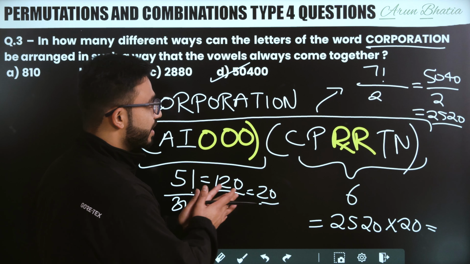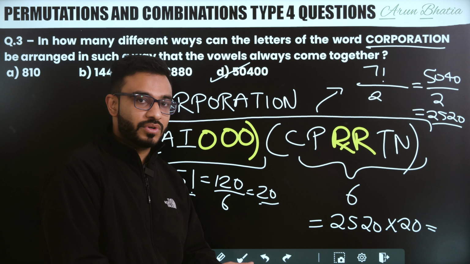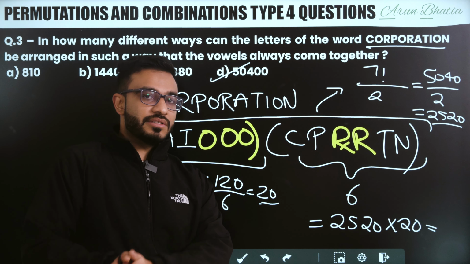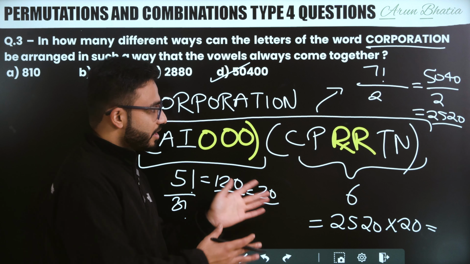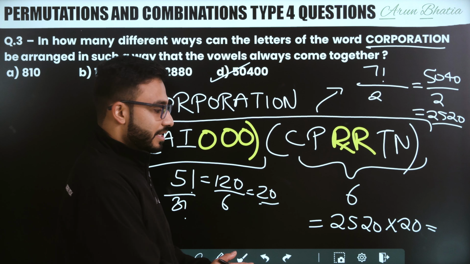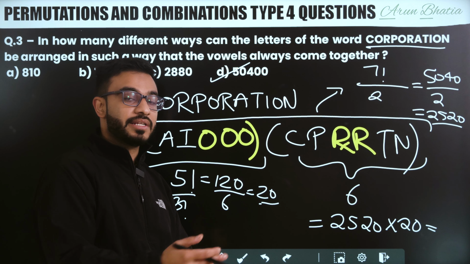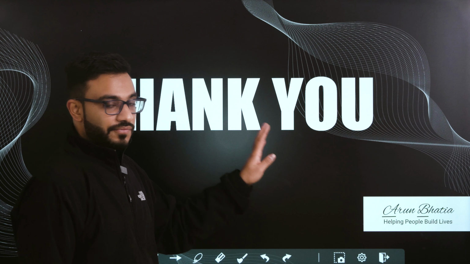So this is how you treat a really large word with so many repetitions. You break it down, you consider the vowels first and then the consonants differently, and then you treat repetitions separately. Then your calculations become very clear. Now we'll see in the next lectures what kind of pattern we get. That's it for the fourth lecture.